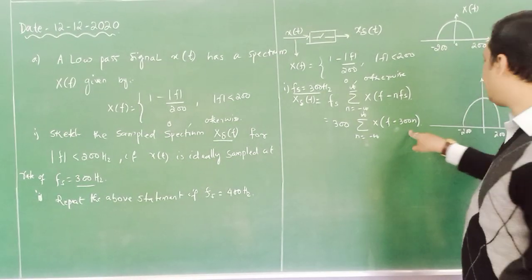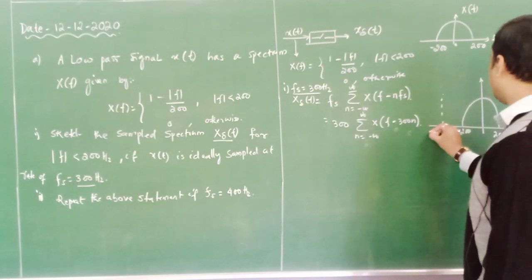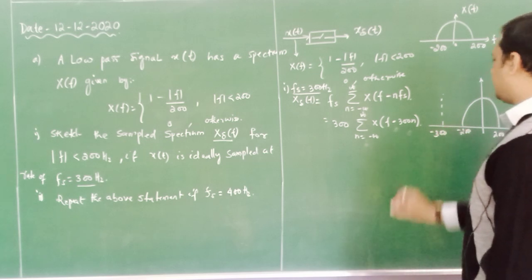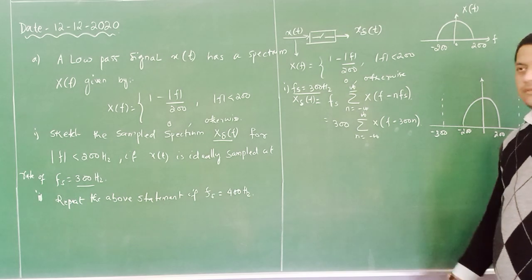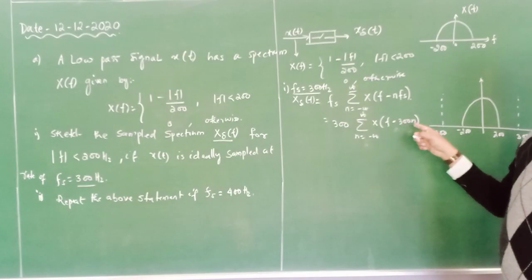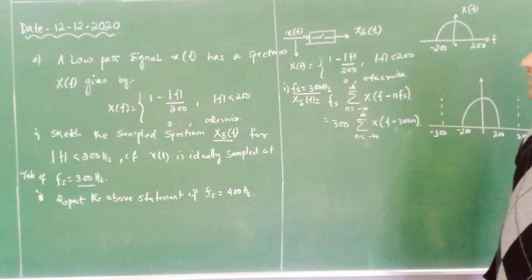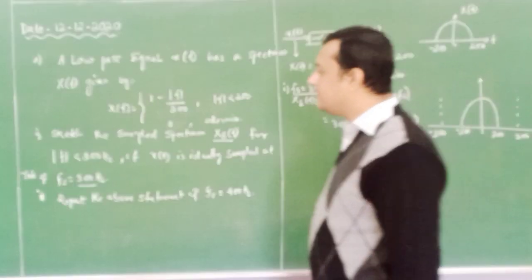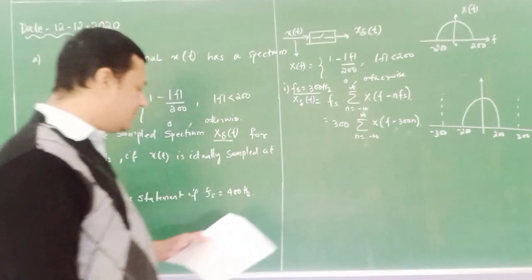That means the center frequency will be at 300 and another one at minus 300. Then similarly, when n is equal to 2, you get f minus 600, f plus 600. And that too, the band limit is 300 is given.